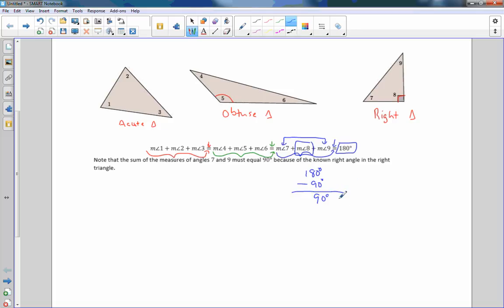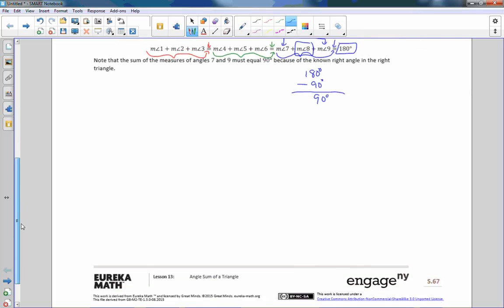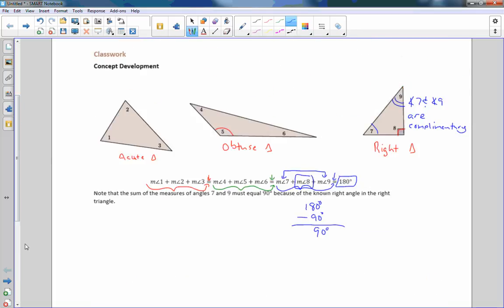And that means that the other two angles, angle 7 and angle 9, are complementary. Okay, that means they add up to 90 degrees. So there's a little info about triangles, or review. Acute, obtuse, right, they all add up to 180 degrees.